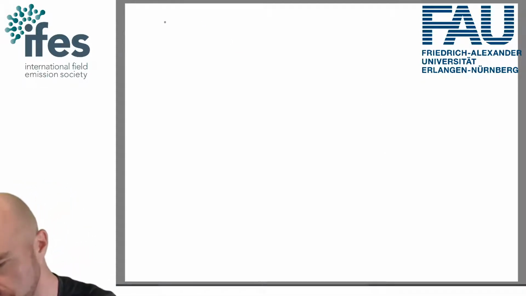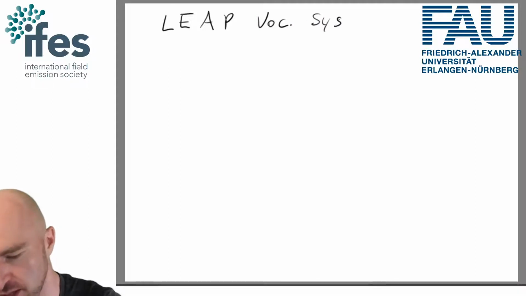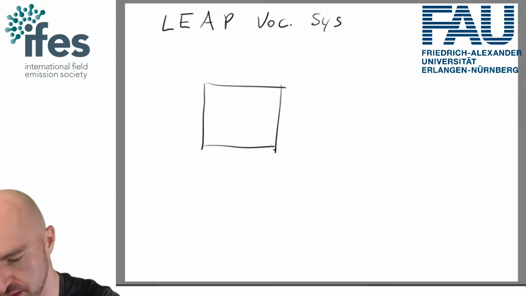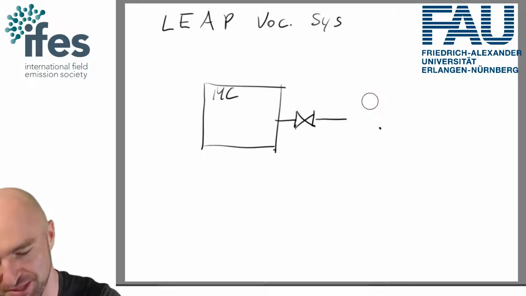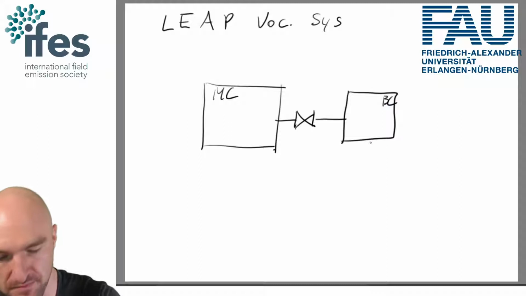And so if you look at the LEAP vacuum system, what you have is the main chamber, then you have a valve that's going into the buffer chamber.